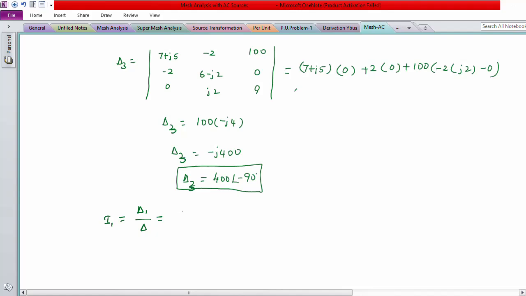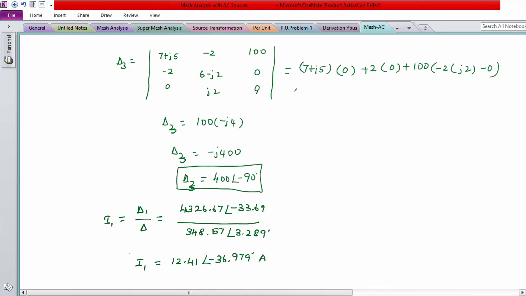Now the value of delta 1 is 4326.67 at an angle minus 33.69 divided by the delta value, 348.57 at an angle 3.289. So if you simplify this value, we will get I1 is equal to 12.41 at an angle minus 36.979 amps.